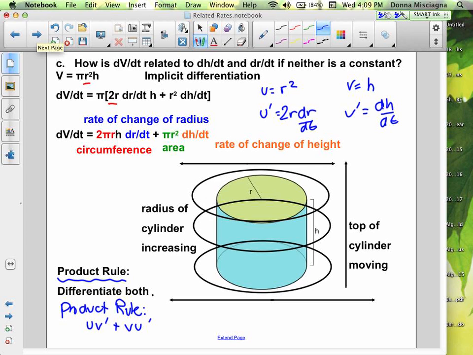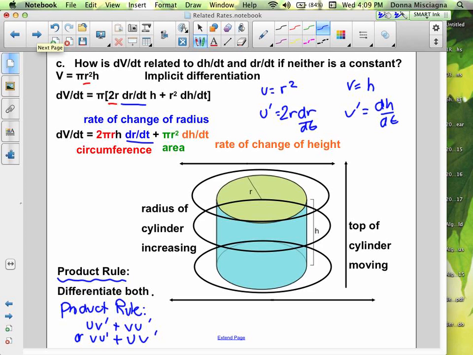So because we're taking it with respect to another variable, we have the dr/dt. And for simplicity's sake, I took the derivative of the first one. Addition is commutative, so it doesn't matter which way these go.